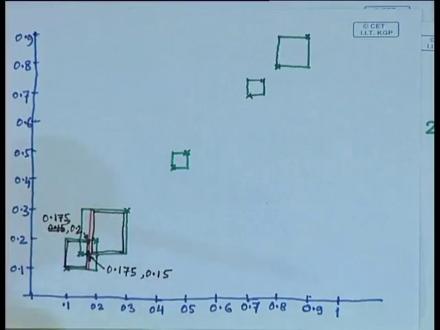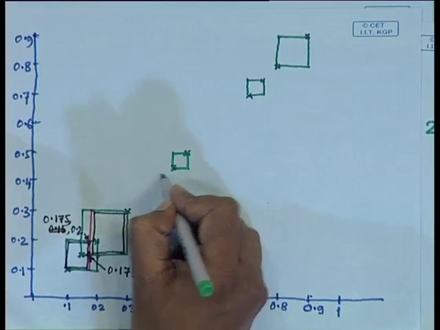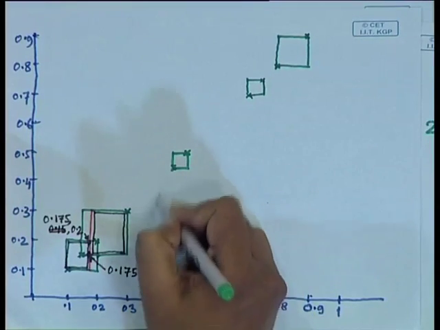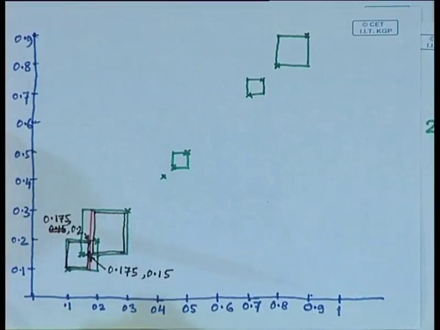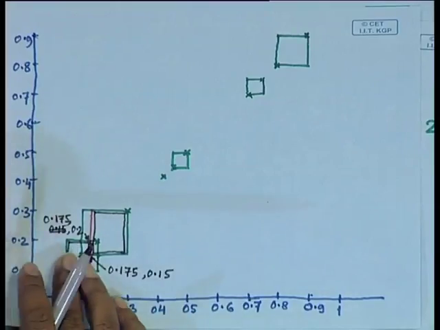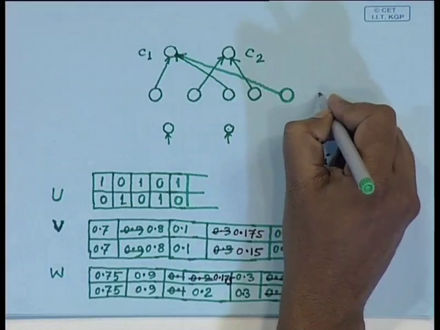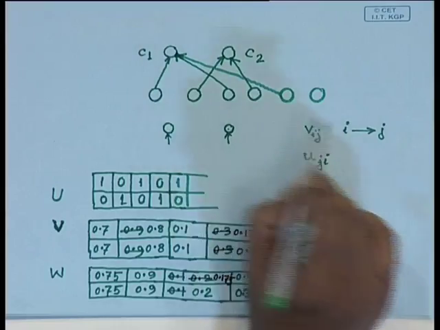So, I come over here, this is 0.45, 0.45. 0.42, 0.42 will be somewhere over here. And assuming that this has to be a point hyperbox, I have to have a corresponding node in the middle layer. Okay. So, I have to have a node in the middle layer, and as I know that this node belongs to class C 2.